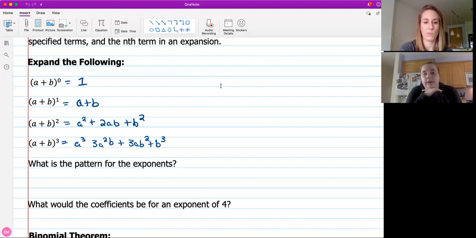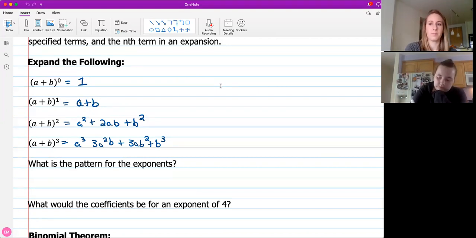But yes, so this is what we're going to get. Normally, I would ask you what the pattern would be, but you aren't here. So I'm just going to tell you what the pattern is. The pattern for the exponents, if you look closely, is in the a terms. Let's just look at the third one because it's the biggest one.